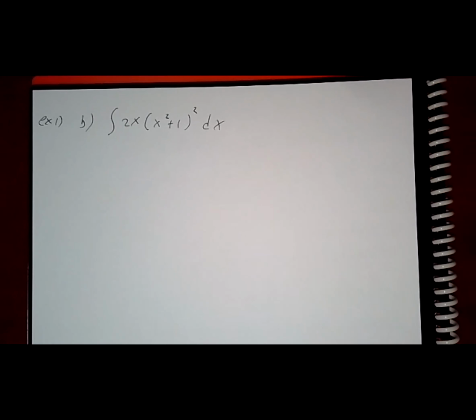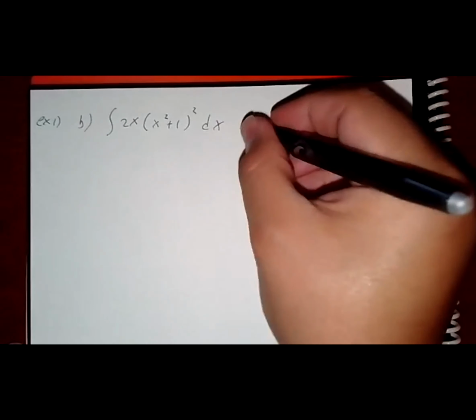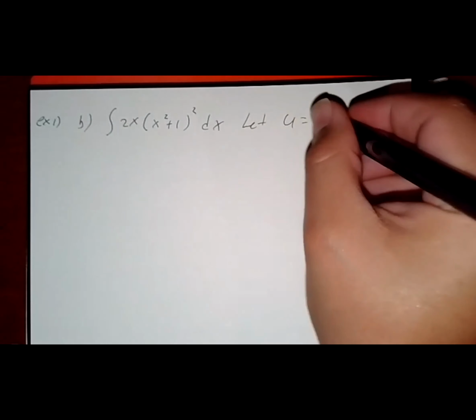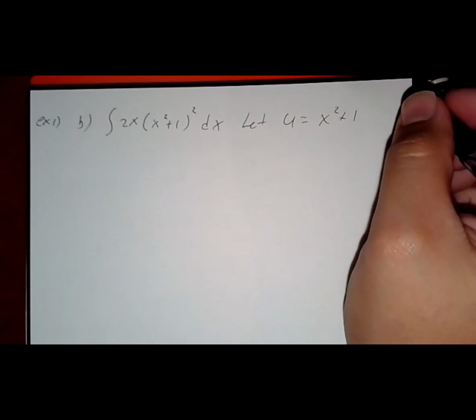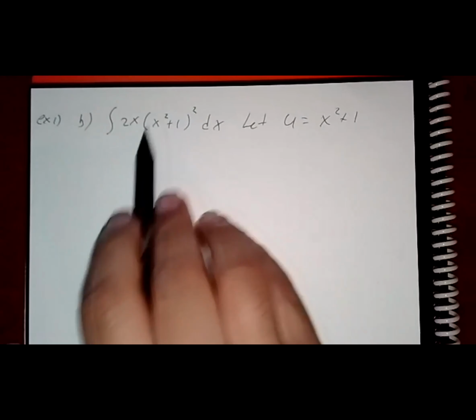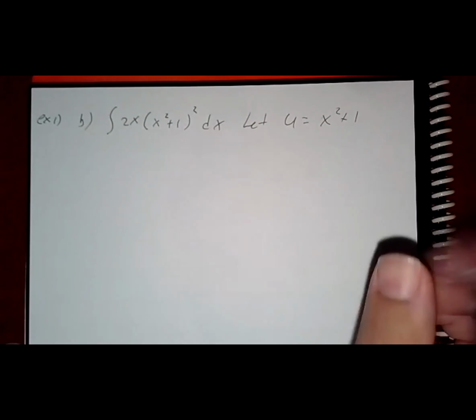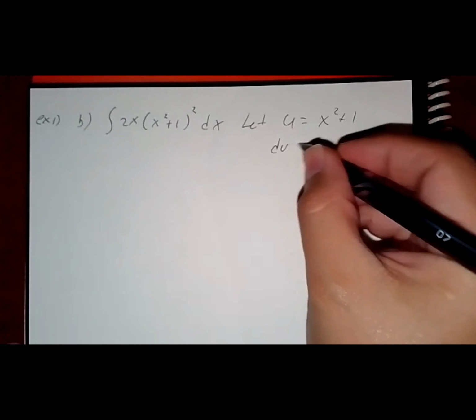What is the inner function? U. x squared plus 1. Yeah, so let's let u equal the inner part. Most of the time it will be the most complicated part or something inside of another function. What is the derivative of the u that we chose?